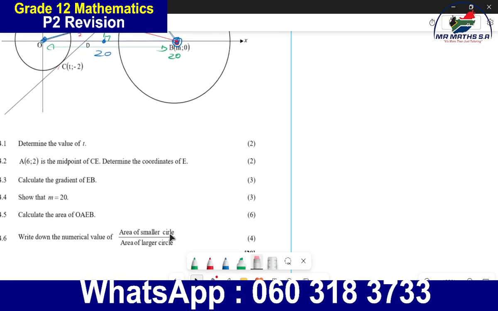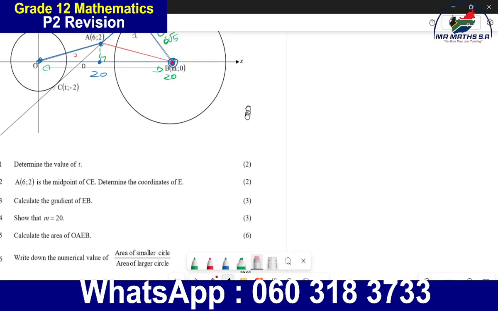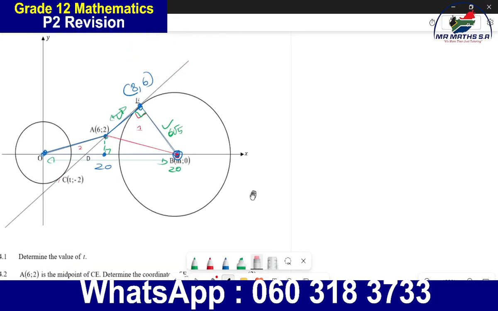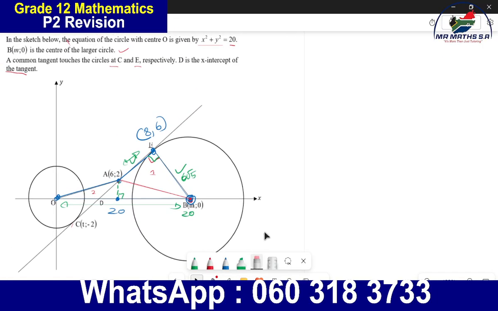Area of the smaller circle over the area of the larger circle. So you all know that in order for us to get the area of a circle, the area of a circle is generally pi r squared. So we need the r of both the circles.